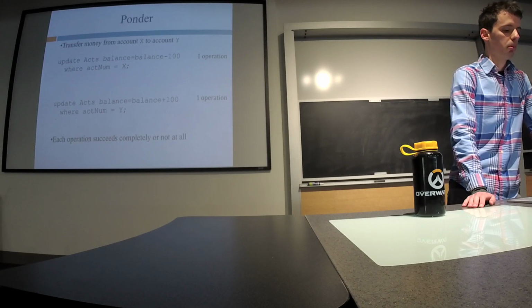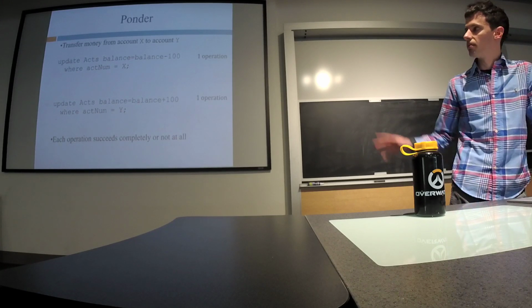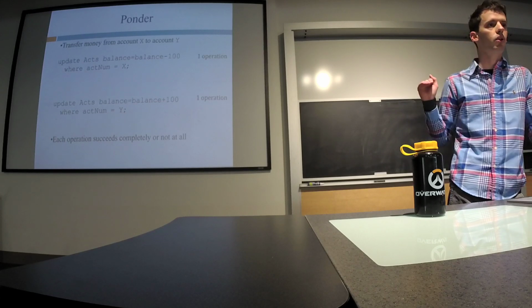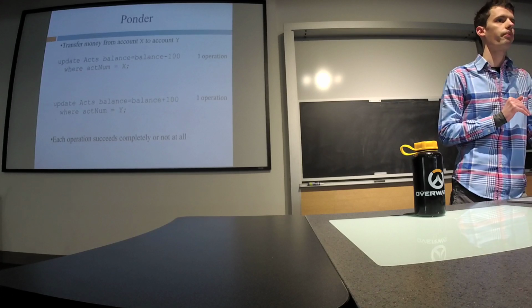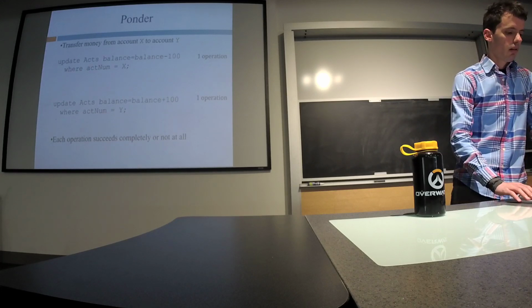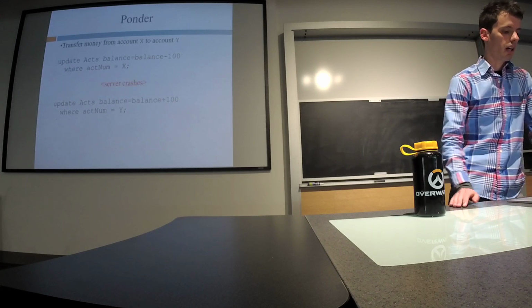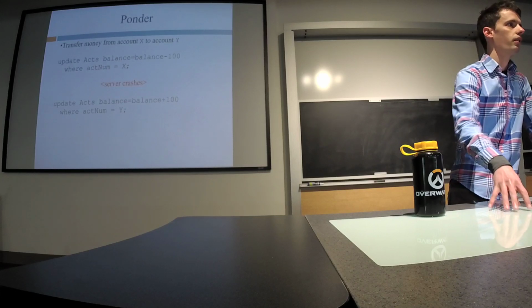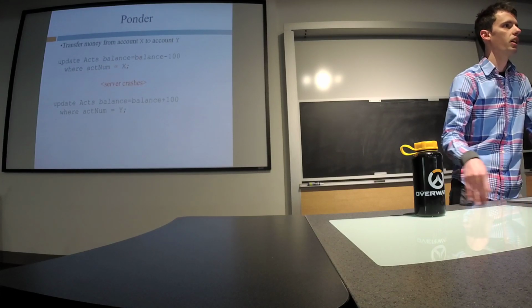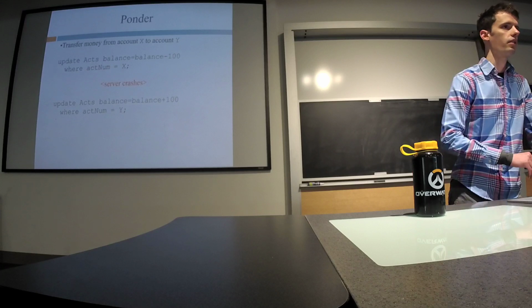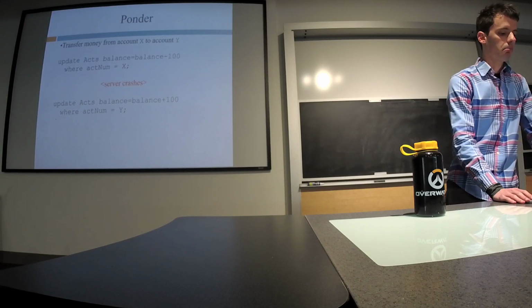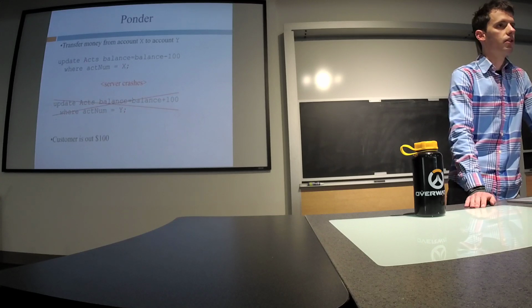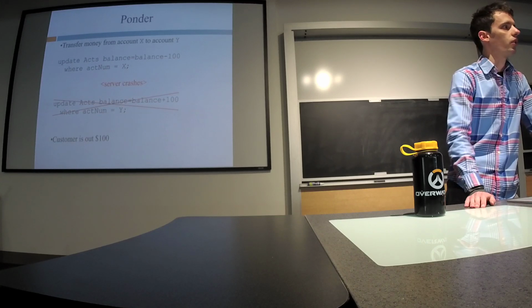So neither of these two operations will leave the database in an inconsistent state. But let's say right here, in between these two, after subtracting money and before adding money, the server crashes. Okay, so this operation never actually runs.